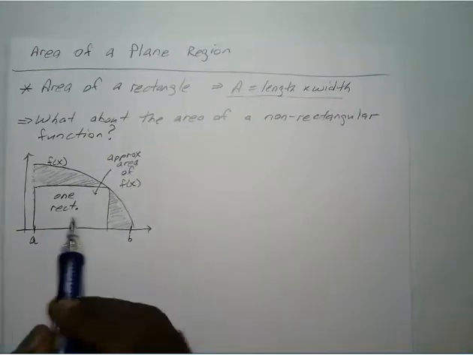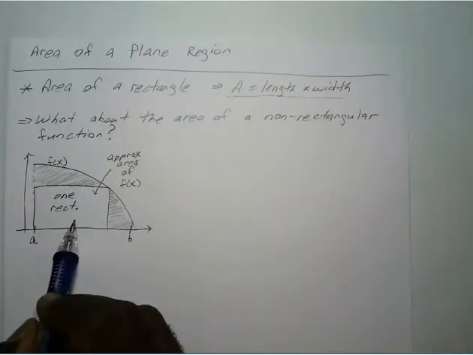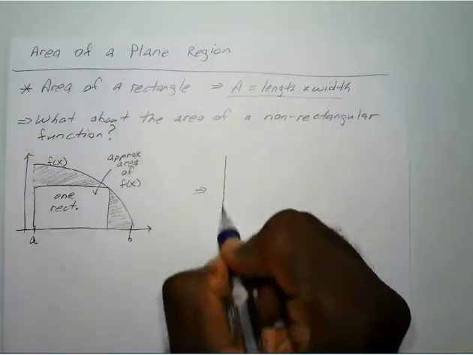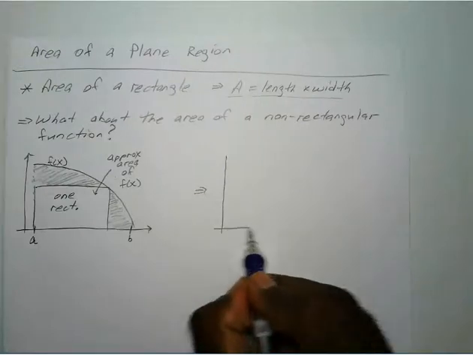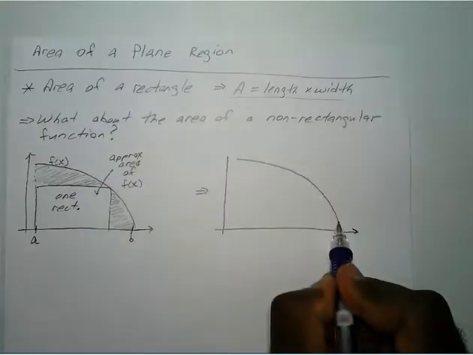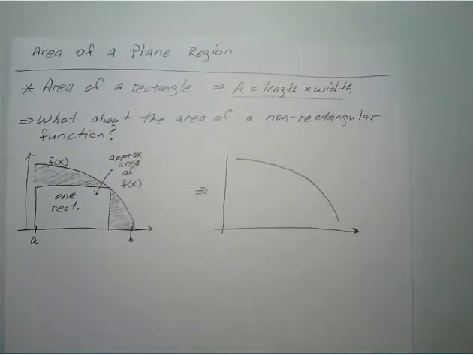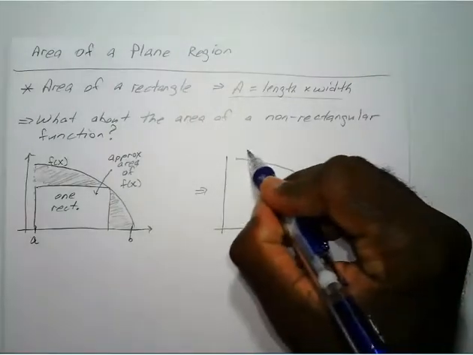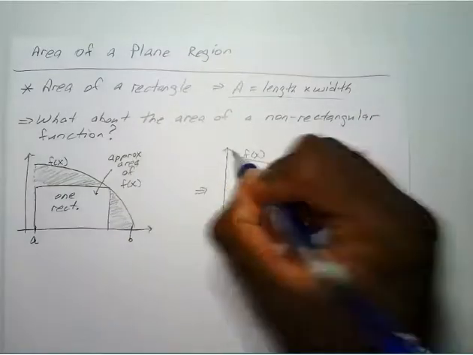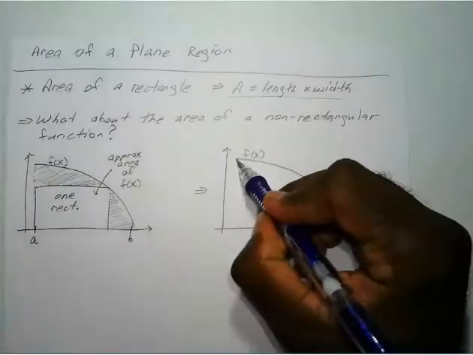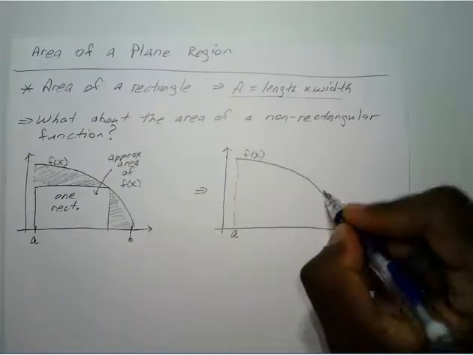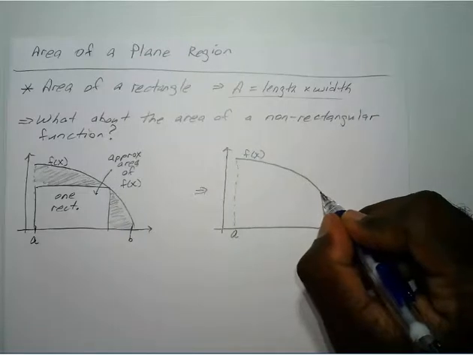Now, what if instead of one rectangle, we have two rectangles? Again, we redraw that same function, and this is just our function f of x, between some x equals a and another, let's say x equals b.